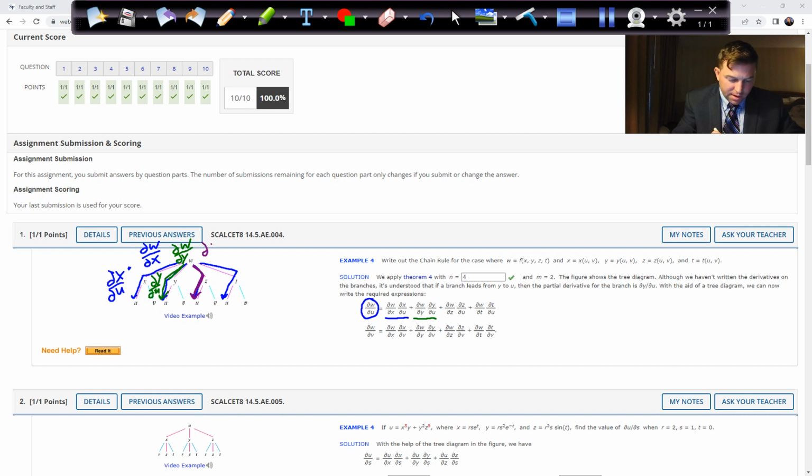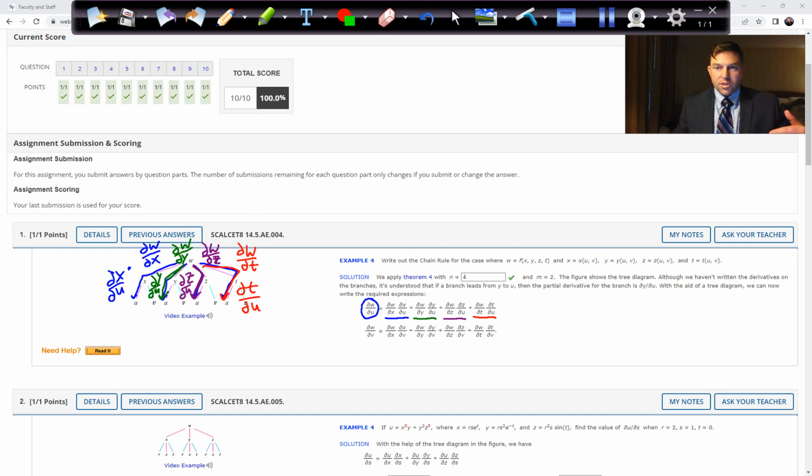So I have to first go down dw dz. Then I go from z to u, so it would be dz du. And that's these two right here. Then the last one, we're going from w to t and t to u, so it's dw dt and then dt du. And again, these are all being multiplied, dw dt, dt du. And that's just the branches going to u.